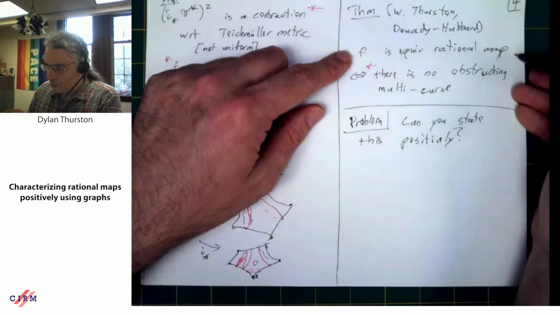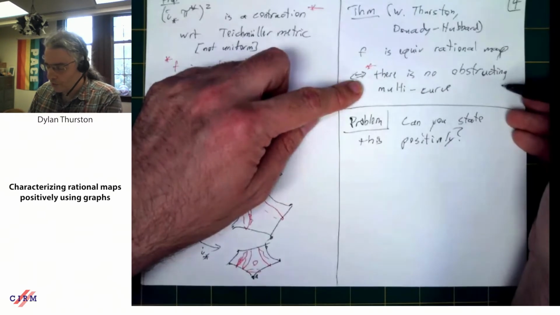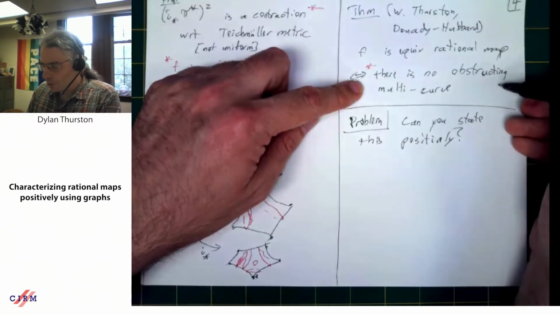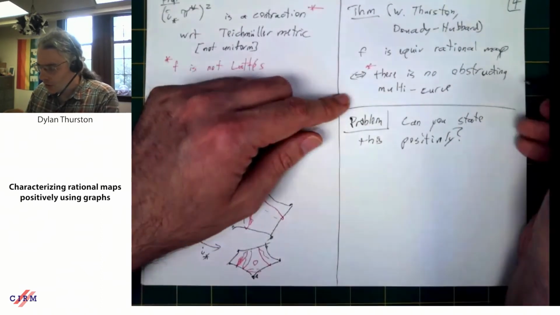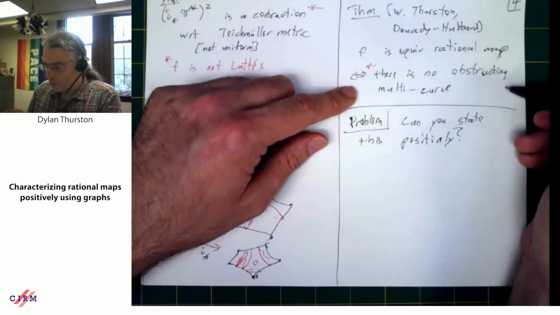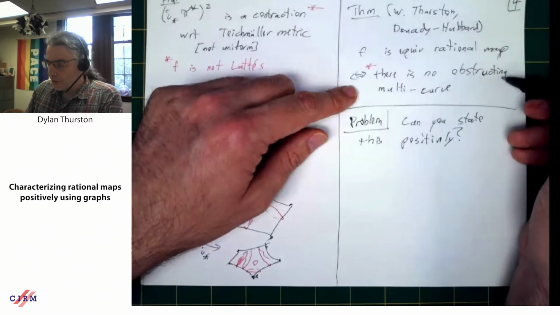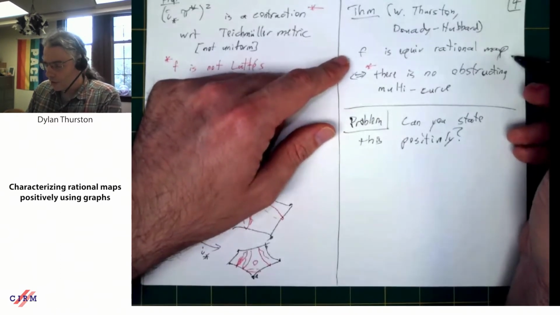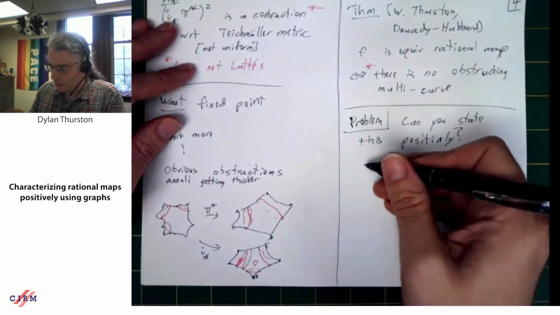To check that it's a rational map, you need to show there's no obstructing multicurves, which in principle means you need to look at all possible multicurves and check them. You can do shortcuts in many cases, but this makes it really easy to show something's not a rational map. You just need to find that multicurve, but it doesn't make it easy to show something is a rational map. You need to do some more work.